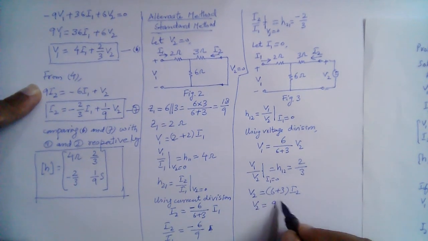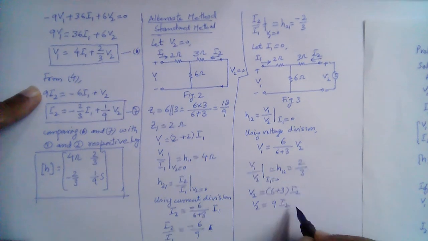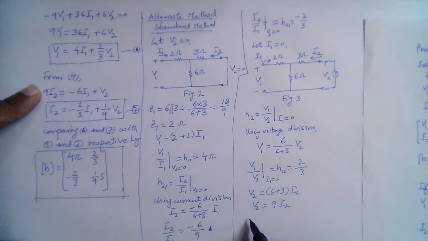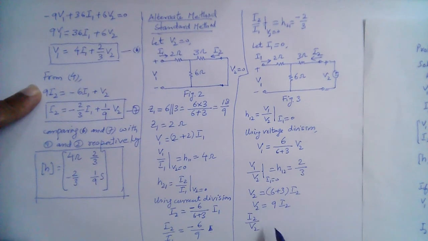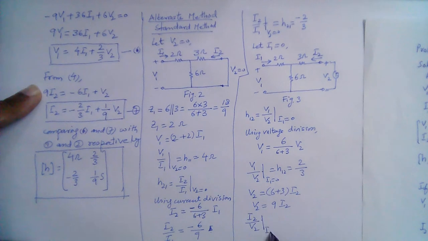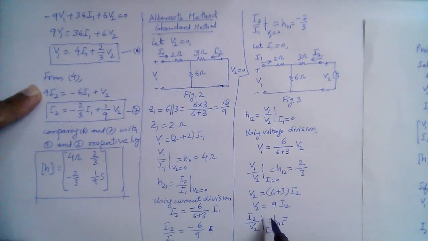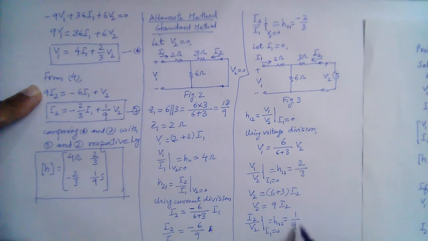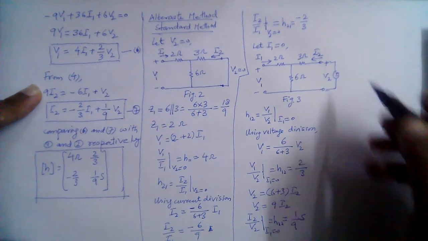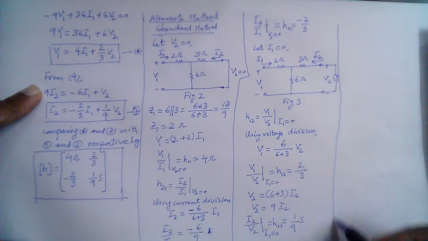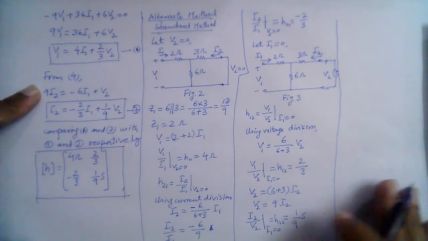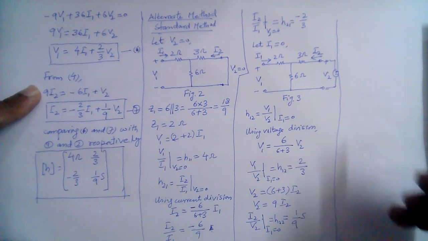As this is 6, so V2 is equal to 9 I2. The last parameter is I2 over V2, output admittance. I2 over V2 while I1 is equal to 0, and this is H22, and this is 1 over 9 Siemens. So again we have arrived at the same set of parameters using the alternate method, the standard method.